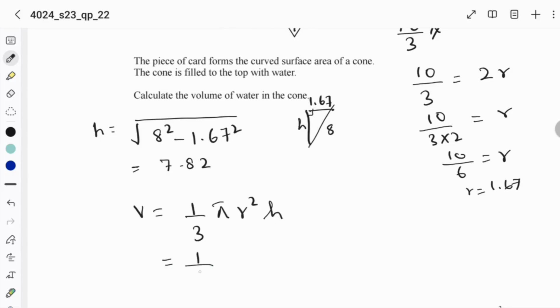So 1 upon 3 pi, the radius is 1.67 squared, and the height is 7.82 in this question.